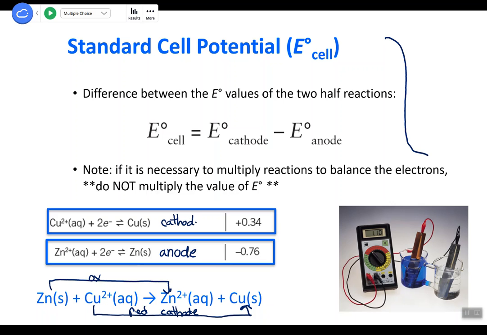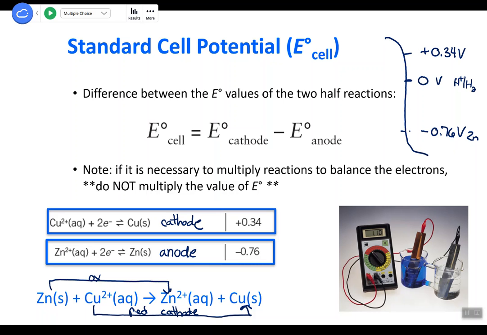If I were to put this on my waterfall, just to help visualize it, here's my plus 0.34 volt half cell potential for copper, and then my negative 0.76 volts for zinc. And then this would be my 0 volt for H plus and hydrogen.